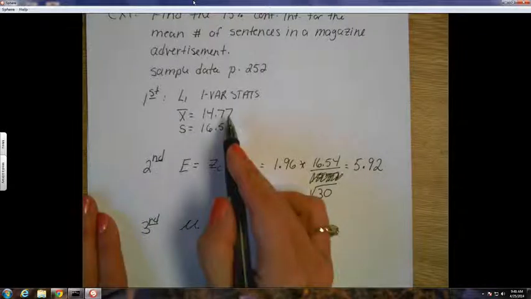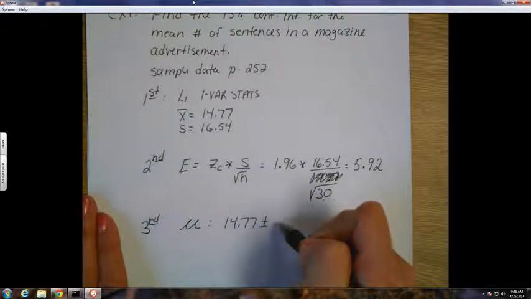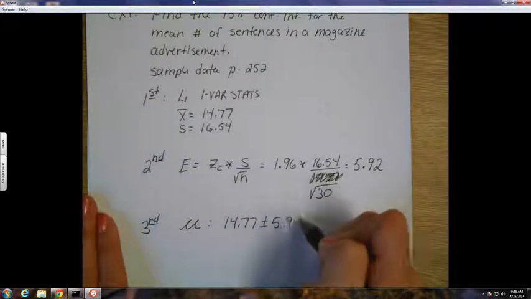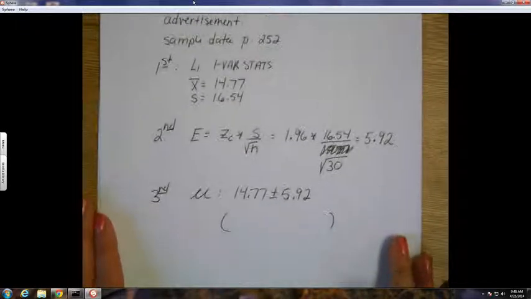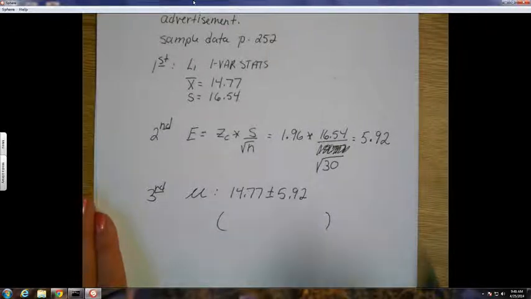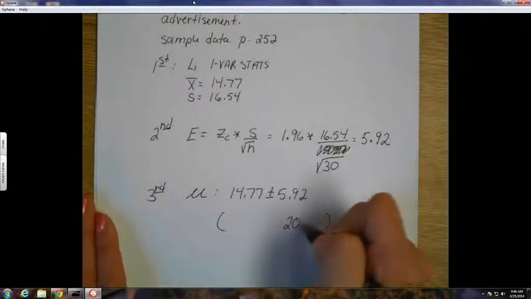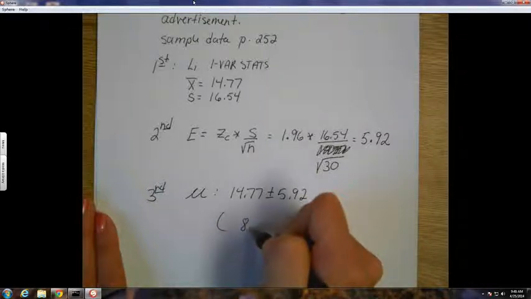To the mean, 14.77 plus and minus the 5.92. So what interval is that? 20.6. What's the upper? What's the lower end? 8.85.